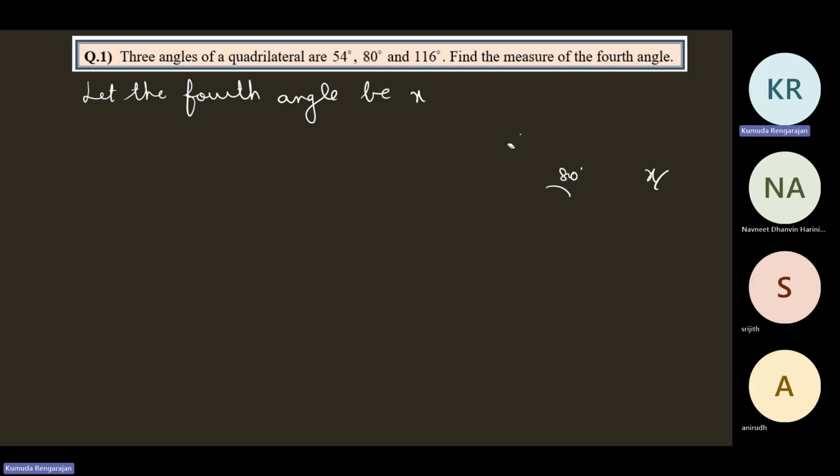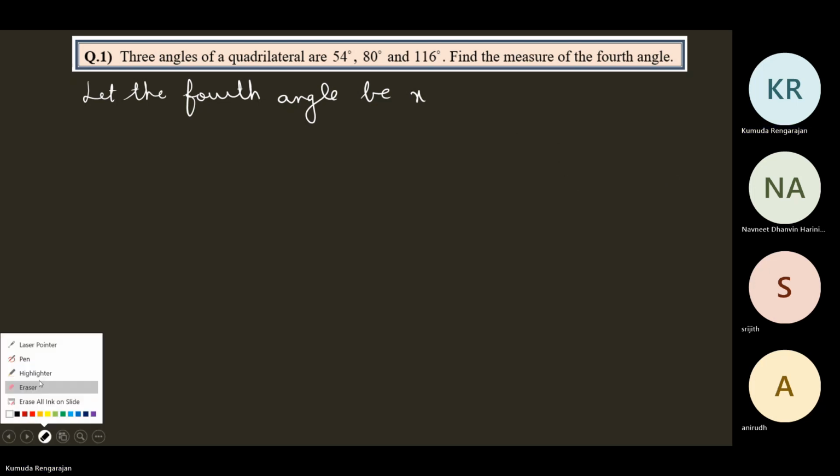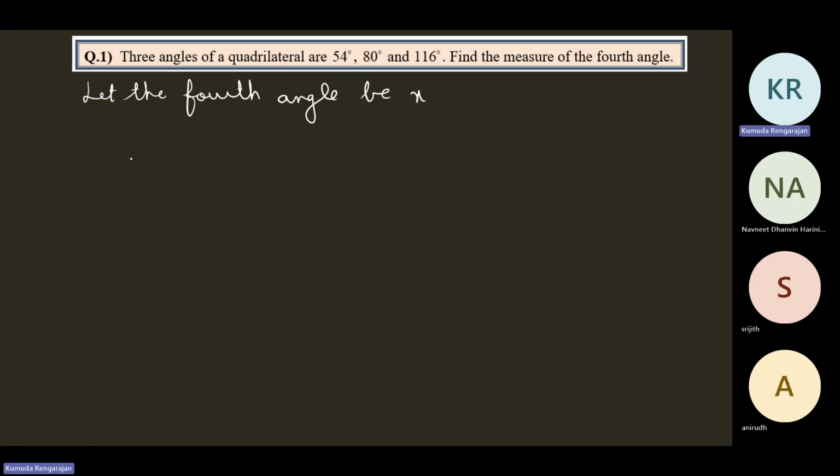So you can just write let the fourth angle be X. What is the sum of all the four angles in a quadrilateral? 360 degrees. Three angles are given. Fourth one is not given. So plus x. The sum of these four angles is equal to 360 degrees.